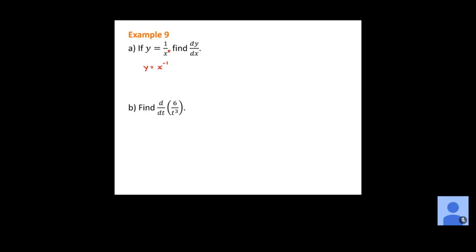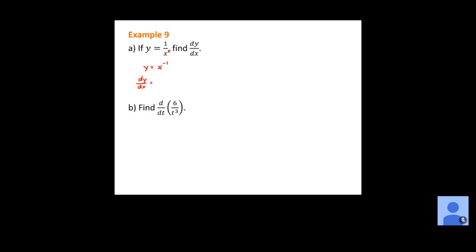Now we can just use our power rule to find this derivative. So if I'm looking for dy dx, what's our derivative going to be? Almost.